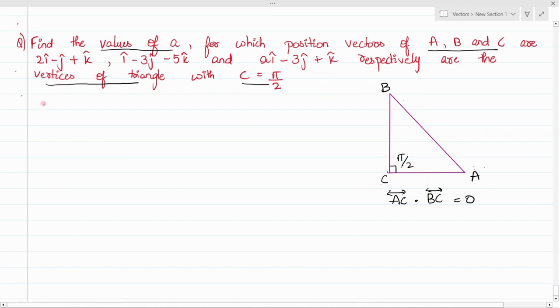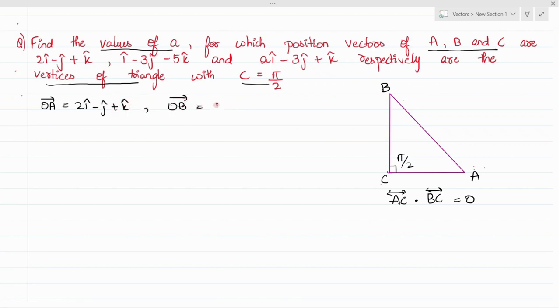Position vector of A is 2i minus j plus k cap, position vector of B is i cap minus 3j minus 5k cap, and position vector of C is small a i cap minus 3j cap plus k.